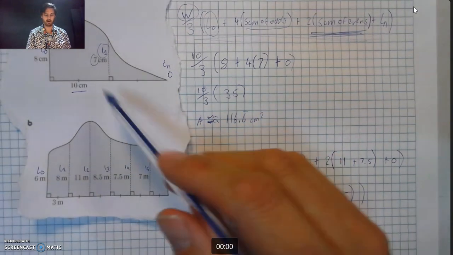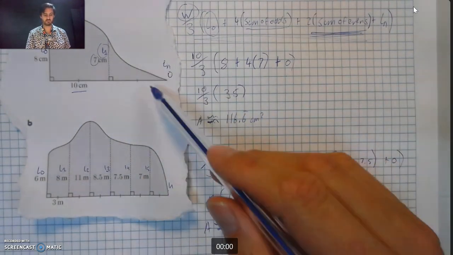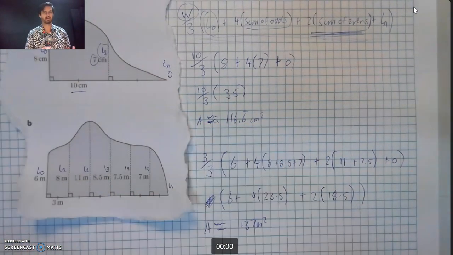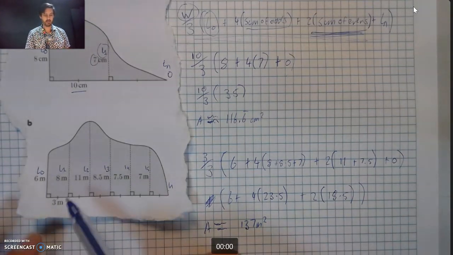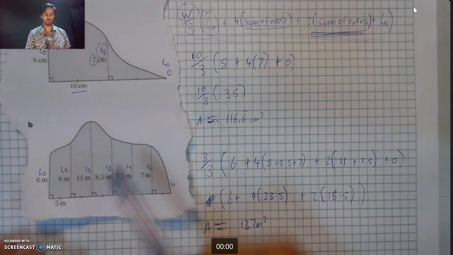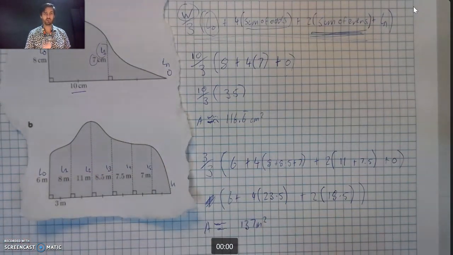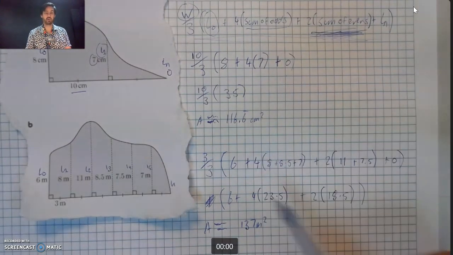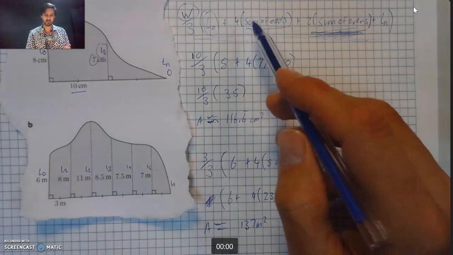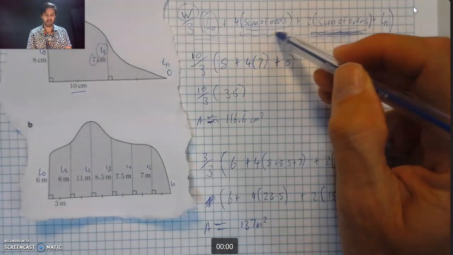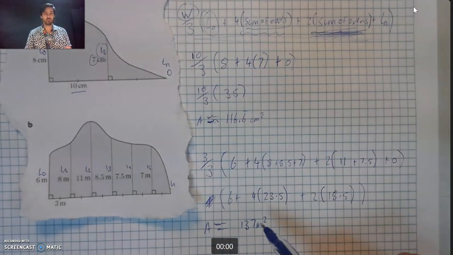So they might say, oh, well, I need to do 2 times 0 or 2 times 7 or 2 times 8 because they think that 0 is an even number. But unless you can see an even length, remembering that our evens start at 2, 4, 6, 8, 10, 12, and so on, we don't actually need to do anything for this section if there are no even lengths. If we're using Simpson's Rule, there's always going to be an odd length, but it might only be one.